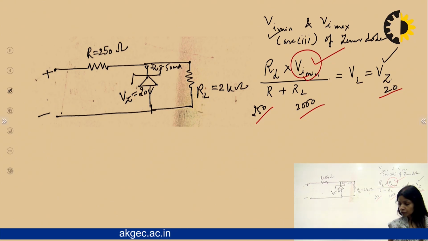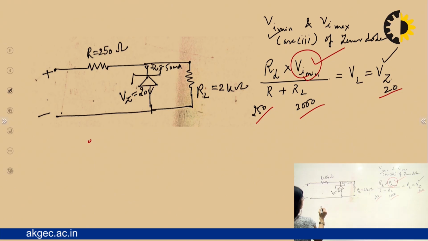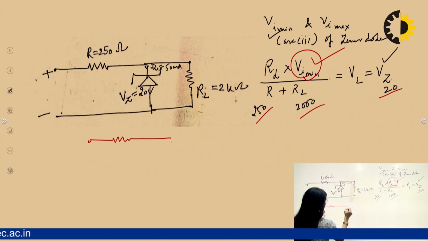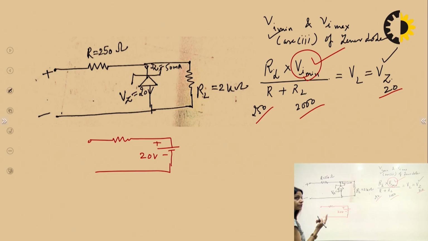Now next part. Now what you have to do is you will just make it figure, and now you will turn the Zener diode to be on. Make it on. Okay. And this is now 20 volt. Always remember the upper side should be positive. Okay. So here make it Vi max. And this current, take it as, why Vi maximum?